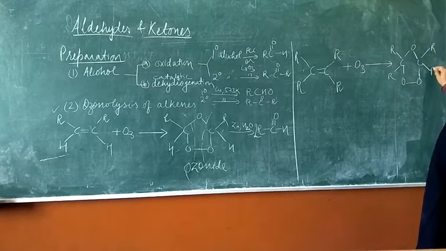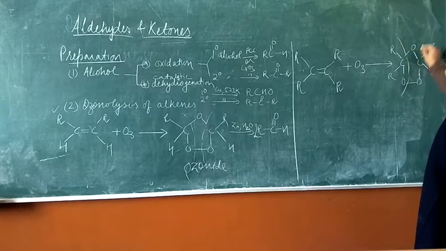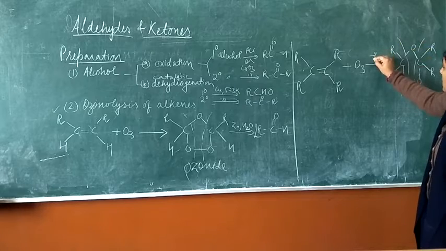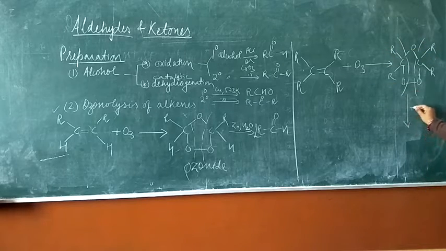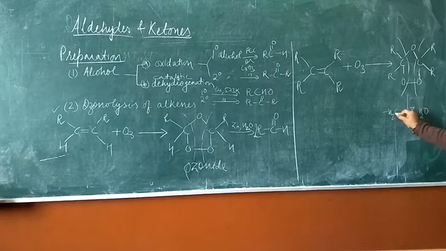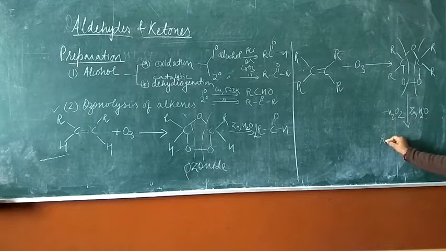So we are having this R group. Now here when we are using zinc, we are following the zinc reduction. We will get a ketone.